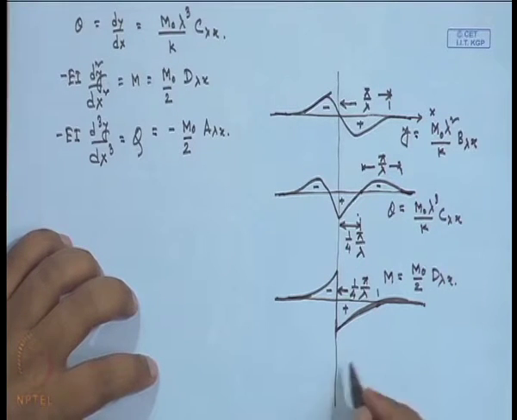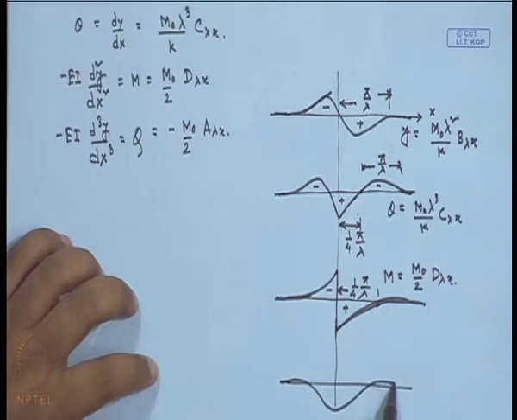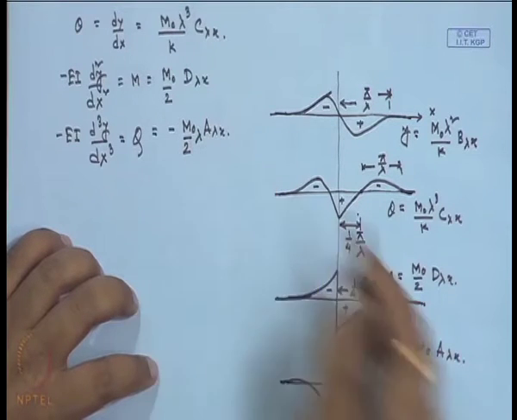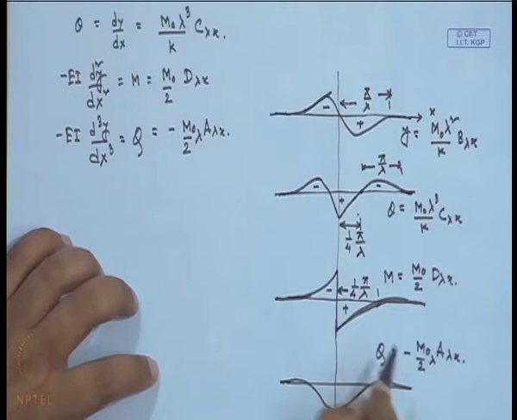So, now next one is the shear force diagram. So, that diagram will be in this form, it is 0. So, q is equal to minus m 0 by 2 into a lambda x.